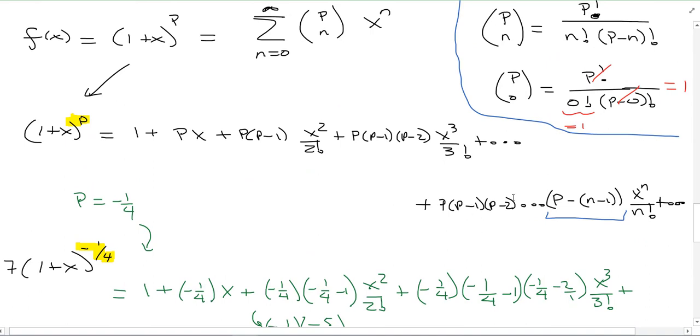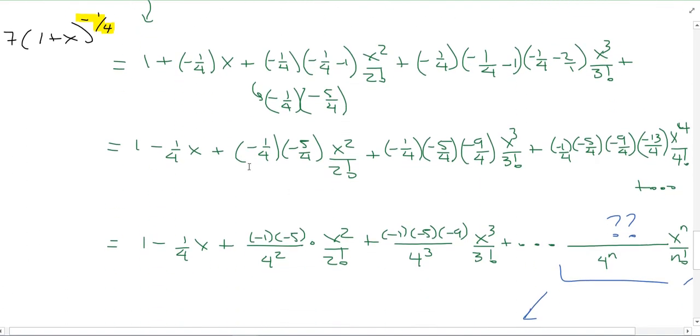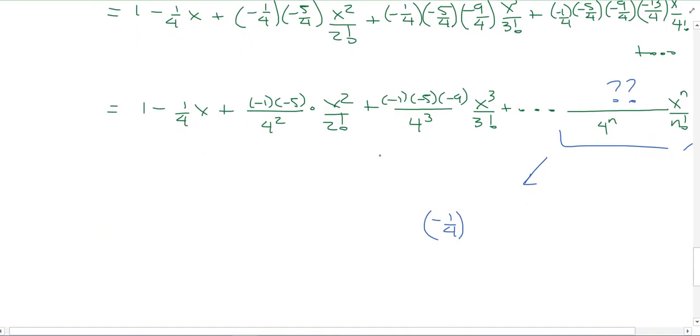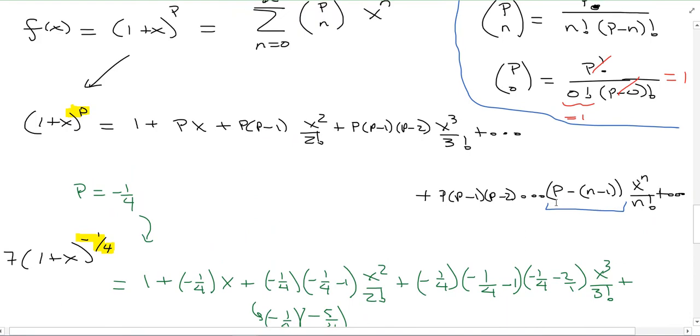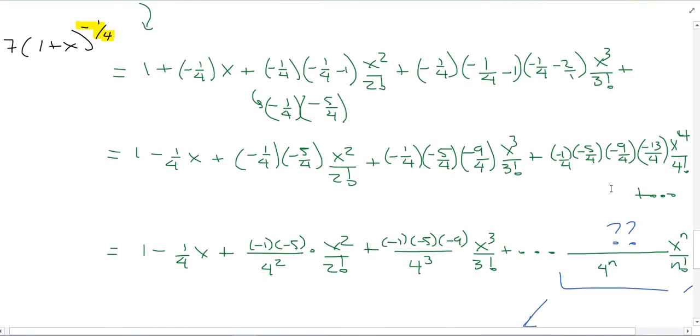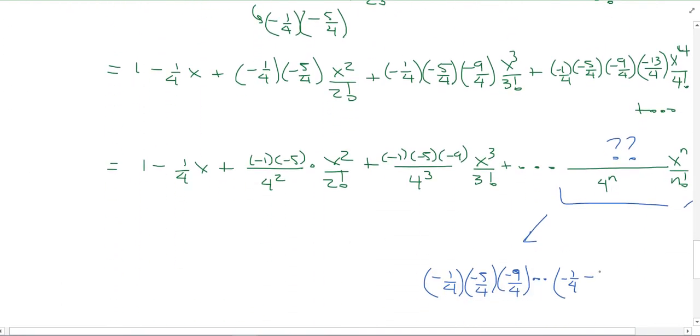P times p minus 1 times p minus 2, which we already found those. P minus 1, p minus 2. So we're going to have the negative 5/4, the negative 9/4, and so on, times, times, times. And then p, so negative 1/4 minus n minus 1. And then that's going to be times x to the n over n factorial, right?